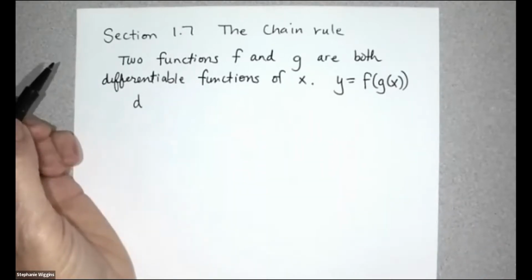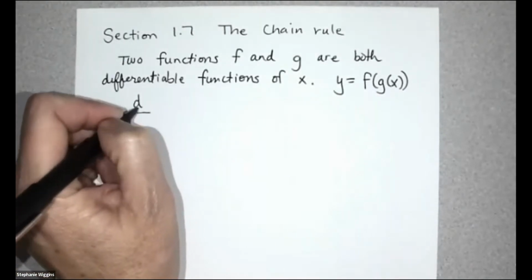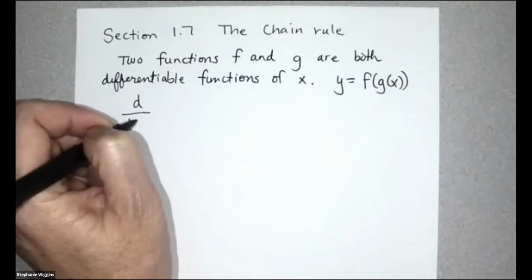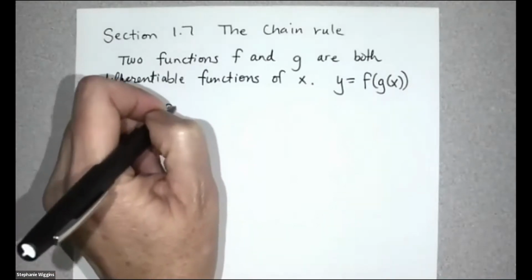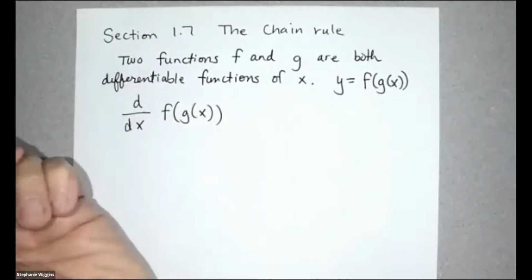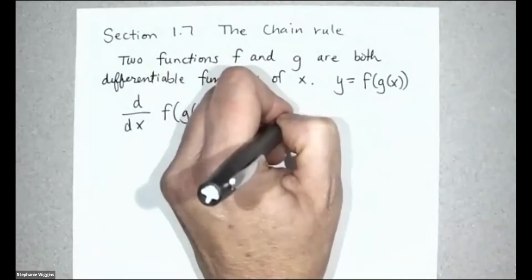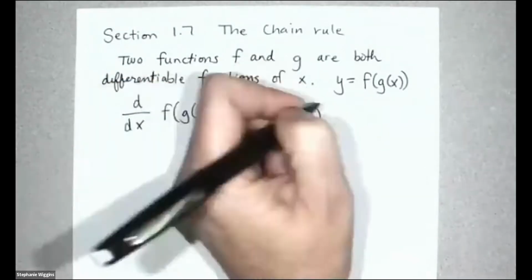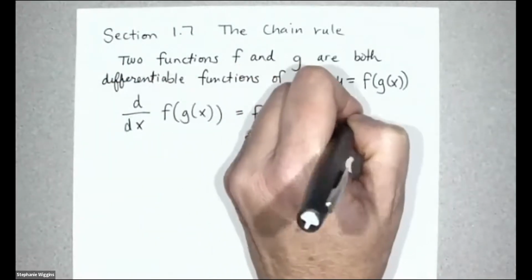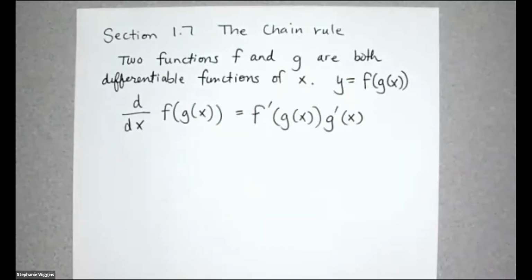And if you want to calculate the derivative of this composition, so d dx of f of g of x, the chain rule says that you take the derivative of f evaluated at g of x, and then you multiply by the derivative of what's inside, in this case, g of x. Okay, so this is the chain rule.